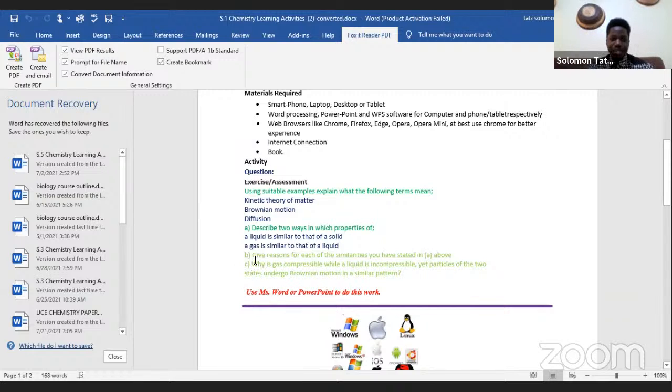Then part B, give reasons for each of the similarities you have stated in A above. And C, why is gas compressible, why is a liquid incompressible, yet particles of the two states undergo Brownian motion in a similar pattern. Okay, so those are the questions that I want you to answer.